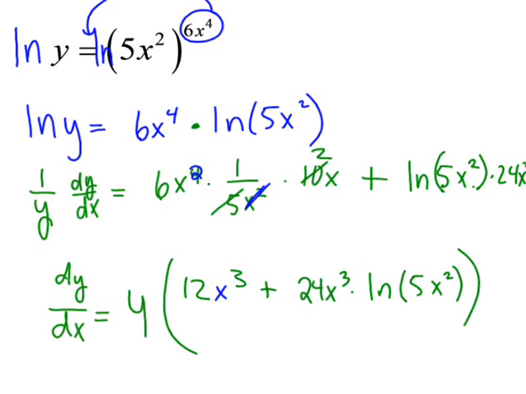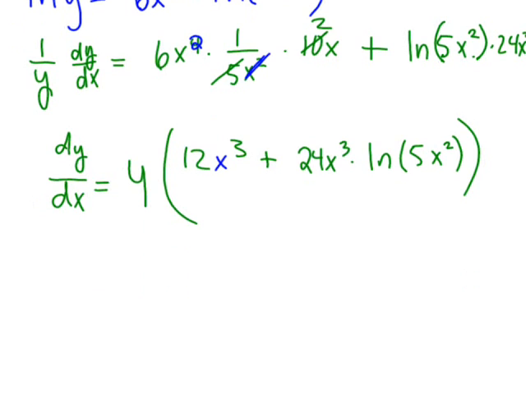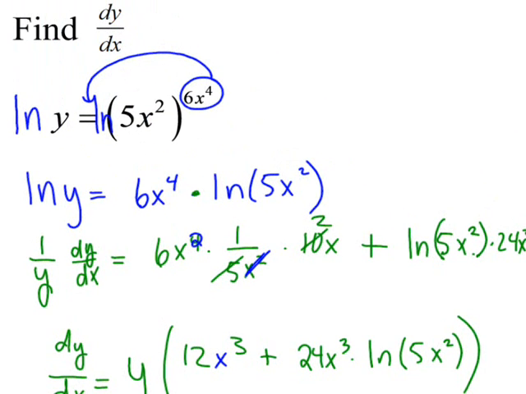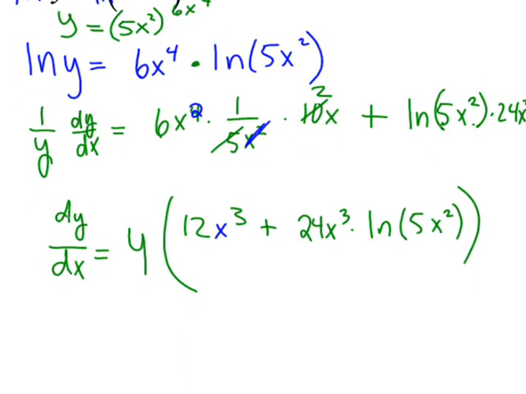And then we just replace the y with what the y actually equals. The y in our original problem was equal to, it's kind of hard to see since I wrote on it, 5x squared all to the 6x to the fourth. So I'm going to replace this y with that expression.